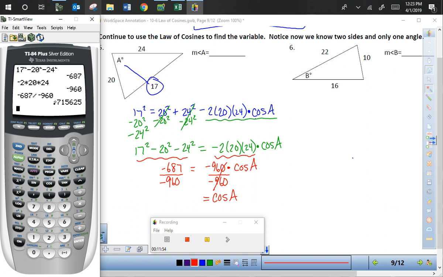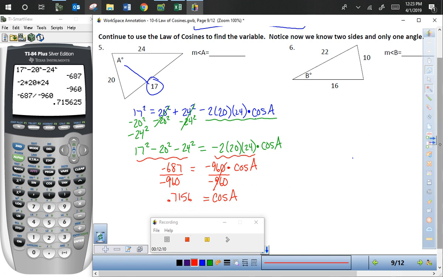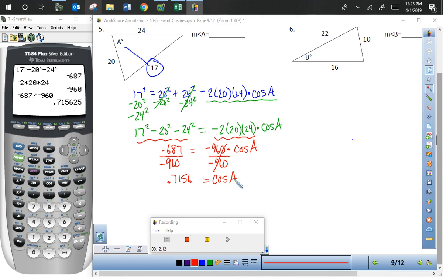Remember, 4 decimal places on this is fine, so 0.7156. And then, just like we practiced with sine, to get rid of sine we used the inverse last time. To get rid of cosine, we're using the inverse again. So inverse cosine on both sides here.